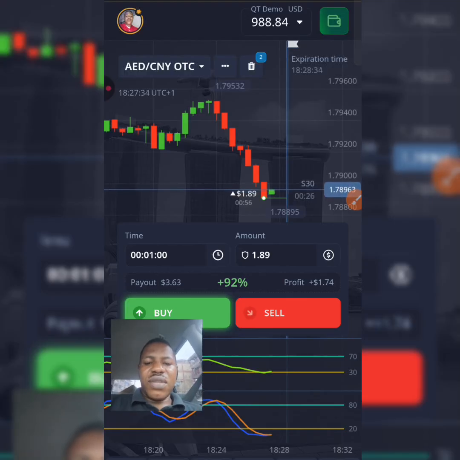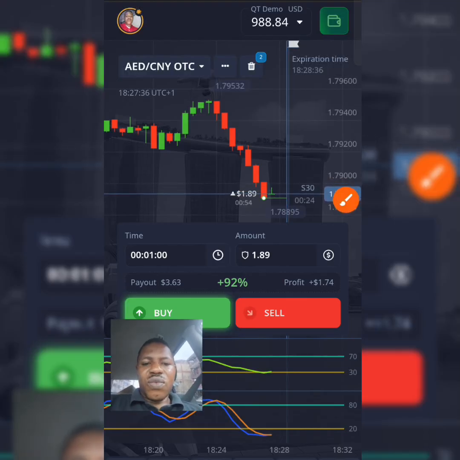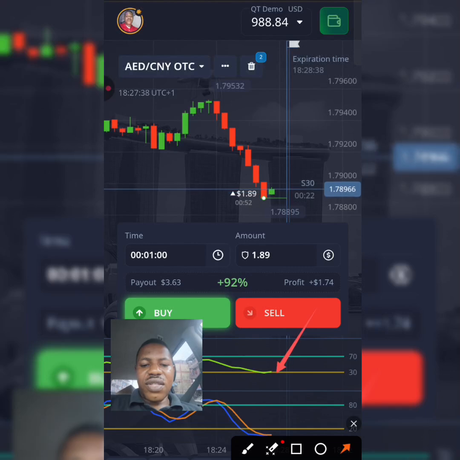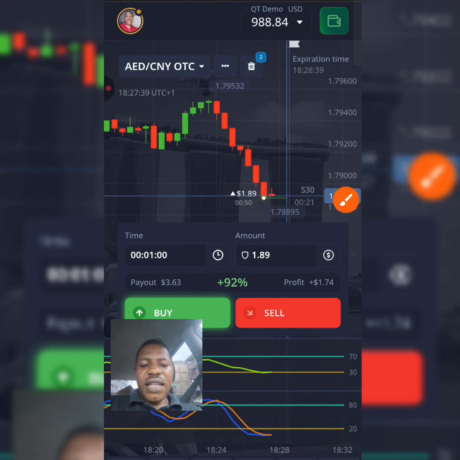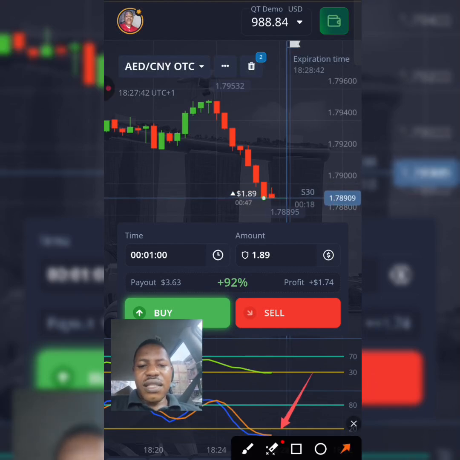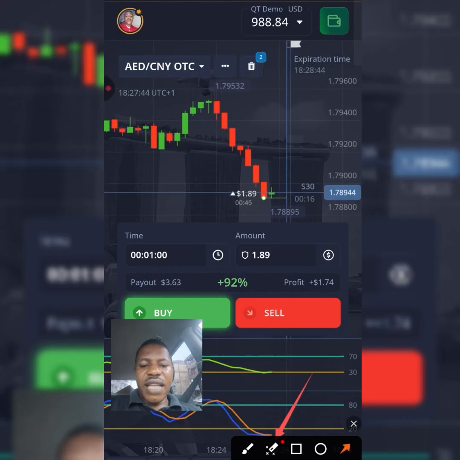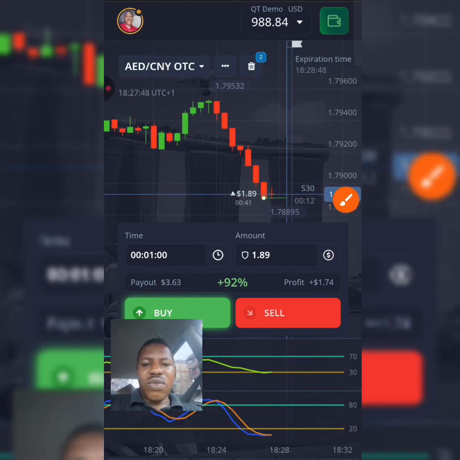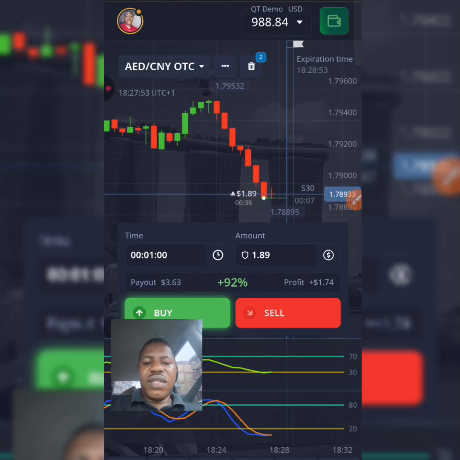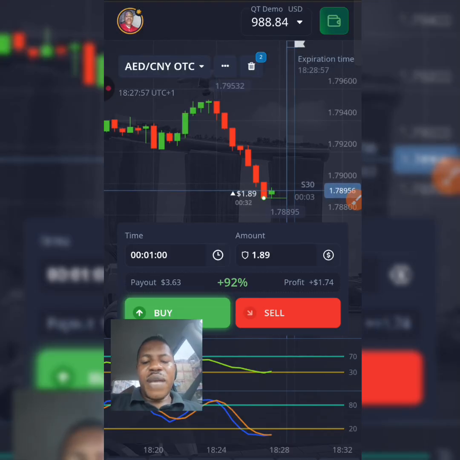I took the trade to the upside. Why? Because the RSI is touching oversold, the stochastic is on the oversold line, and the blue is acting like it wants to cross to the upside. So I took the trade up for 1 minute. Remember, I'm using a 30 seconds candle, so for 2 candles.